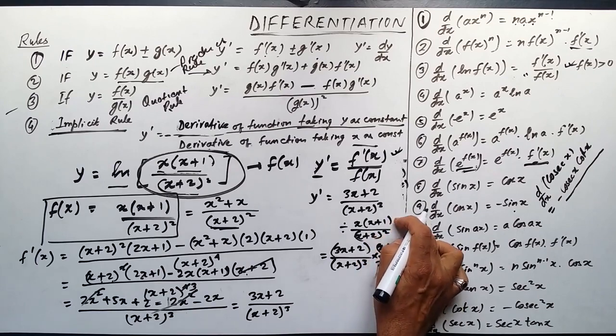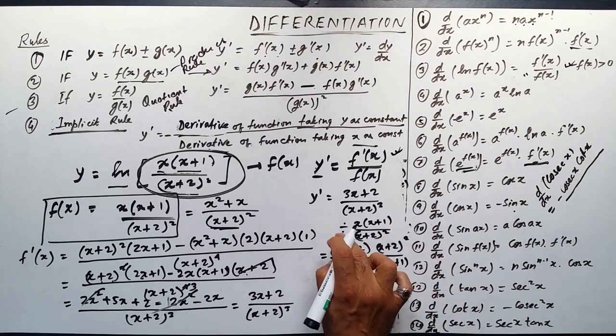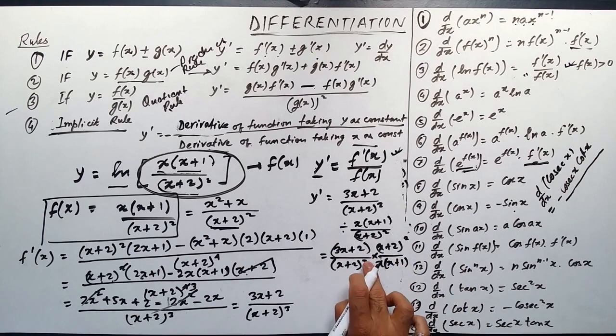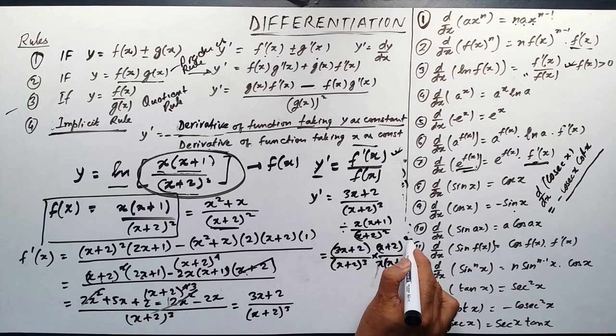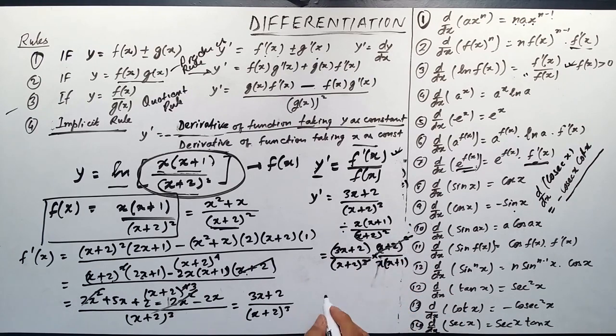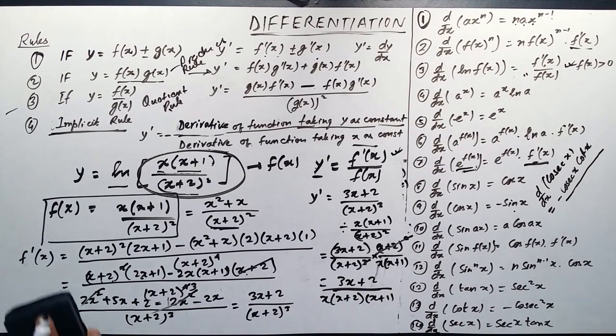This becomes the numerator and this the denominator if we change the division sign into a multiplication sign. So we see there is a square and it cancels off. We are left with a very simple expression, 3x plus 2 upon x plus 2 into x plus 1 into x. Okay, so this is the final answer.